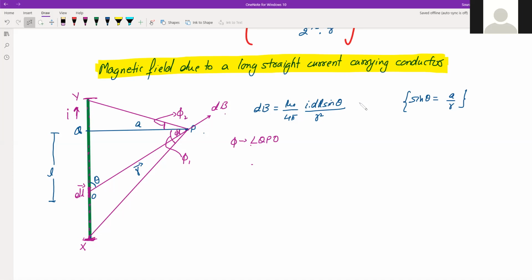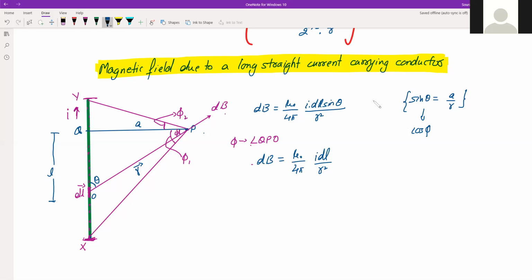That means sine theta will be equal to cos phi. So this dB now can be represented in terms of phi. What will that be? dB is equal to mu naught divided by 4 pi I dl divided by r square. Instead of sine theta, I'll write cos phi, and the value will remain the same.